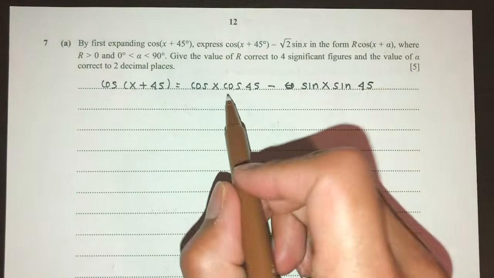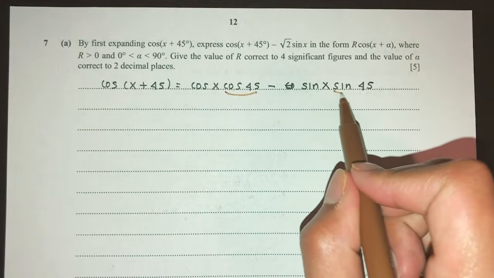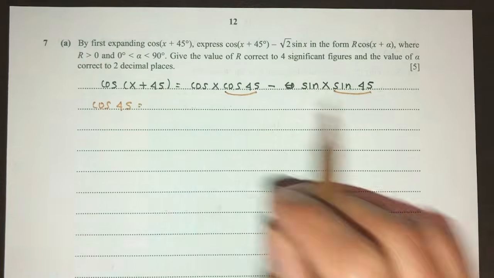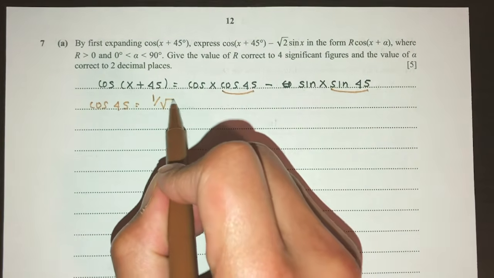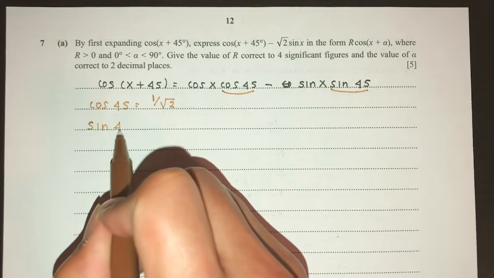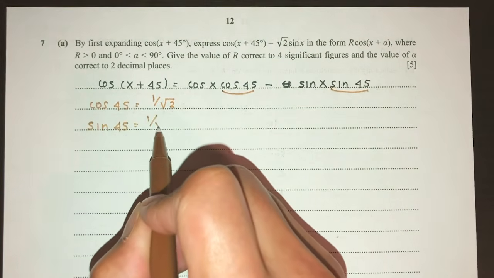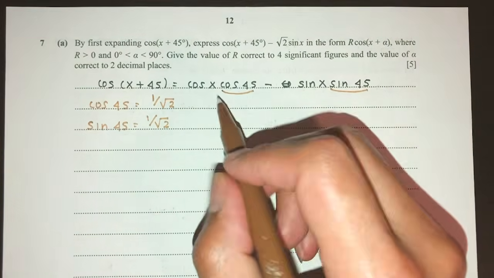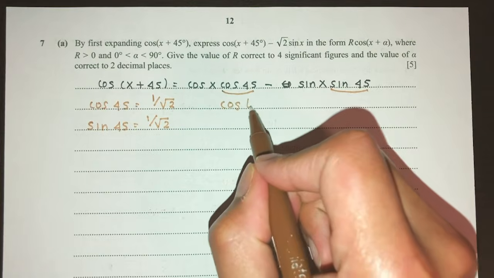So here we have exact values that we can find. So cos of 45 is what? It is 1 over root 2. So you need to know those values. And sine of 45 is equal to 1 over root 2. So you need to know these values for exams. And also for those values, what is cos of 60?